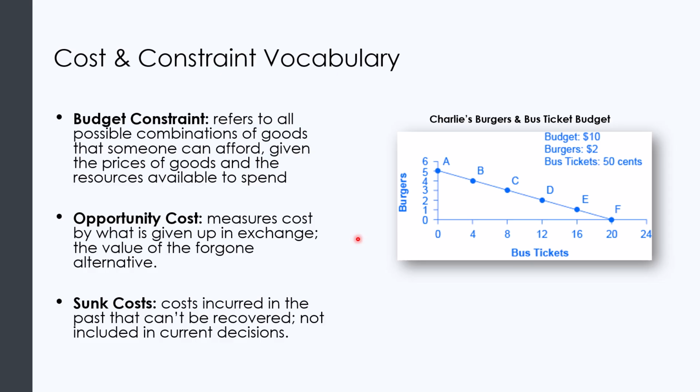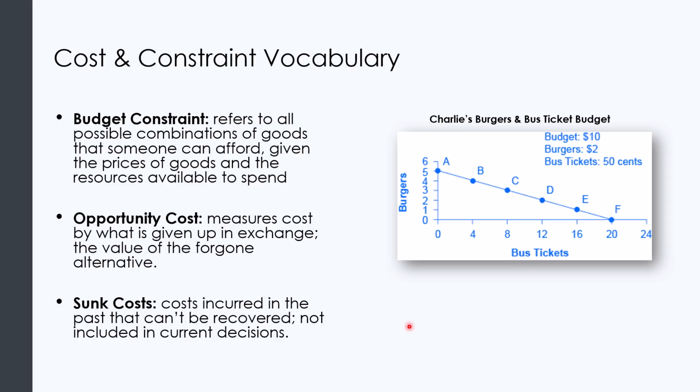So when Charlie makes a choice, let's say he chooses point A, he is giving up his second best option, whatever point on the line that was. So as we think about the choices we make, we also want to consider what's being given up when our choices are selected.